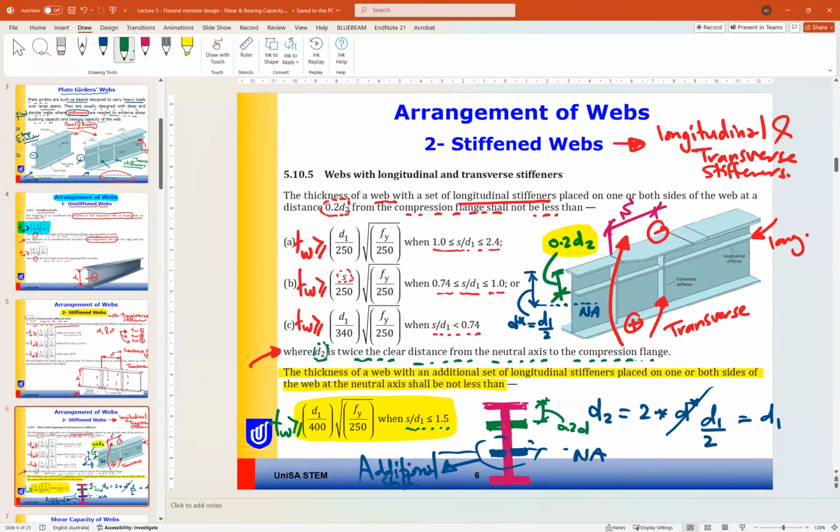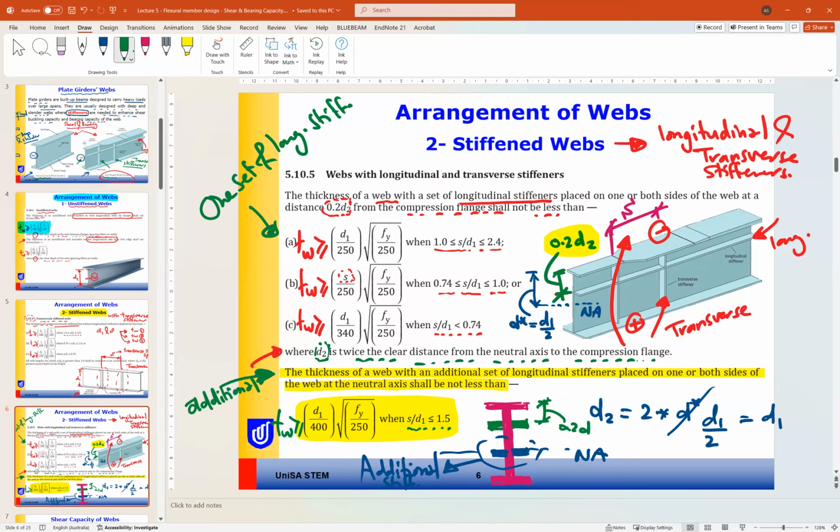So the first case is for one set of longitudinal stiffeners. The second case is for additional set of longitudinal stiffener at neutral axis.